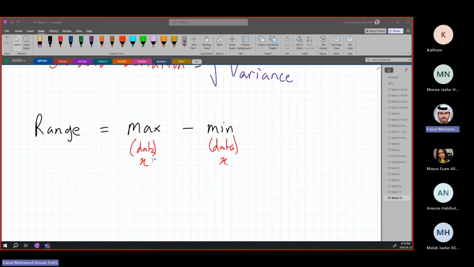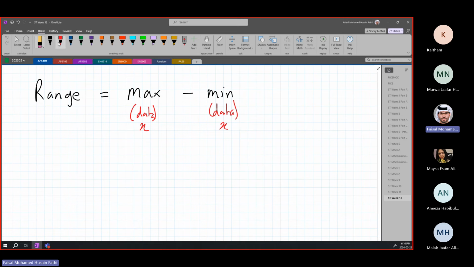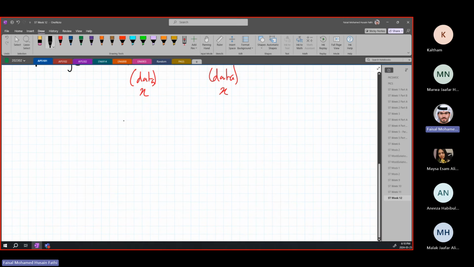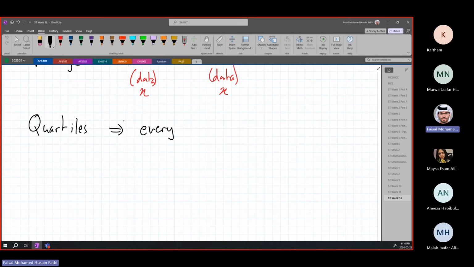The other thing you need to know about is something called quartiles. What is a quartile? From the word, quartiles basically means every quarter of the way. So usually you will have three quartiles.